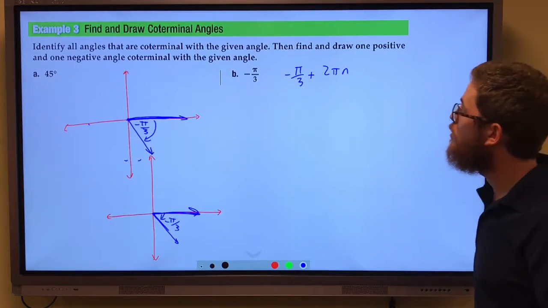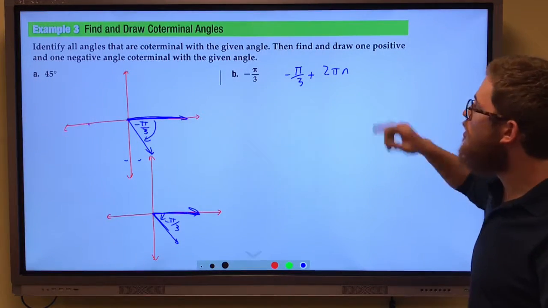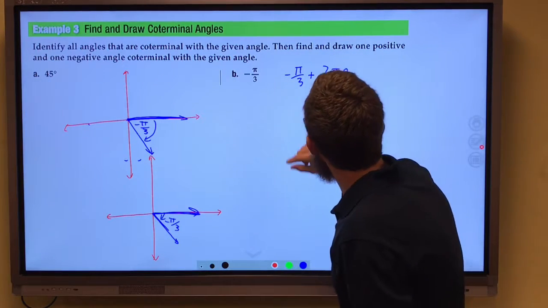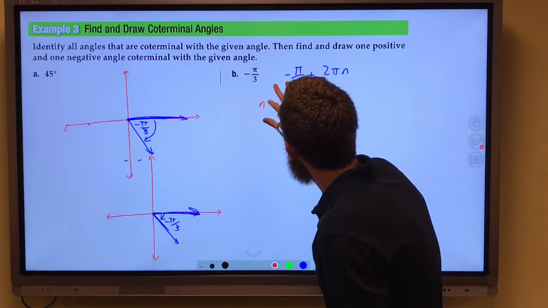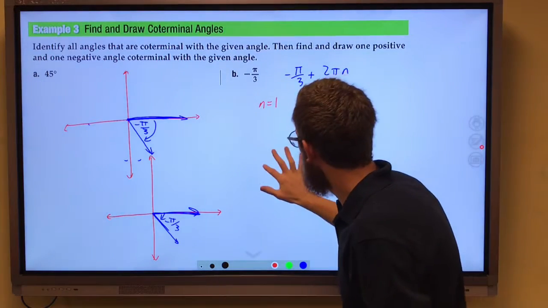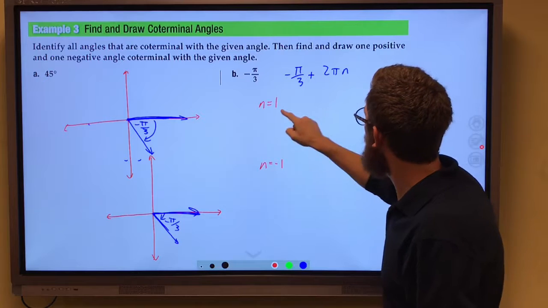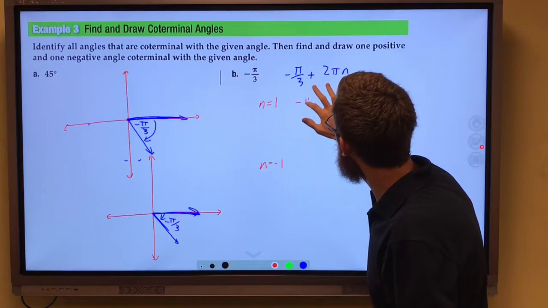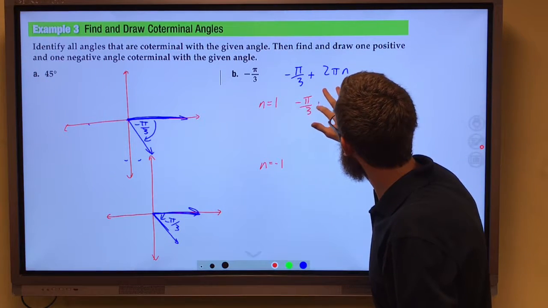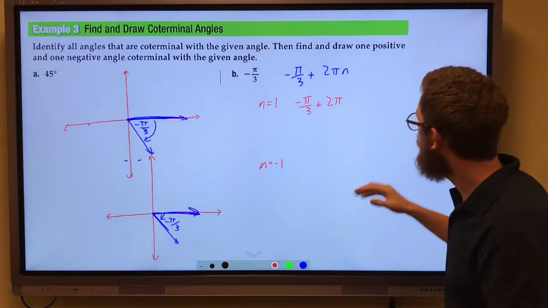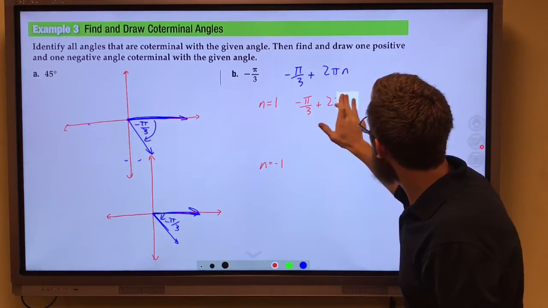We found all angles coterminal to this one, but now we want to find one positive, one negative. And so if I do the positive one first, I'm going to again let n be 1. For my negative, I'm going to let n be negative 1. For my positive one, this is a negative pi over 3 plus 2 pi. Get a common denominator.